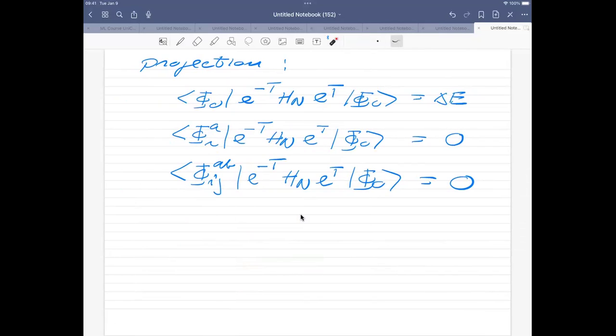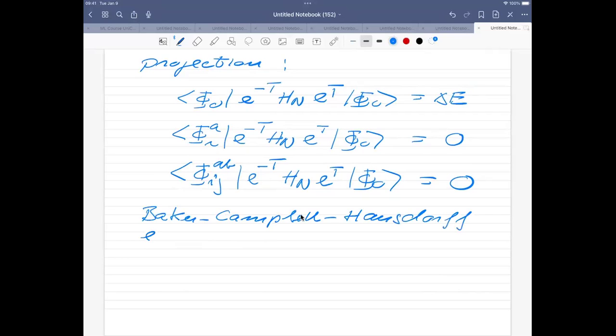So this is called the Baker-Campbell-Hausdorff expansion. And this is the complication which we get when we now want to use this exponential ansatz.